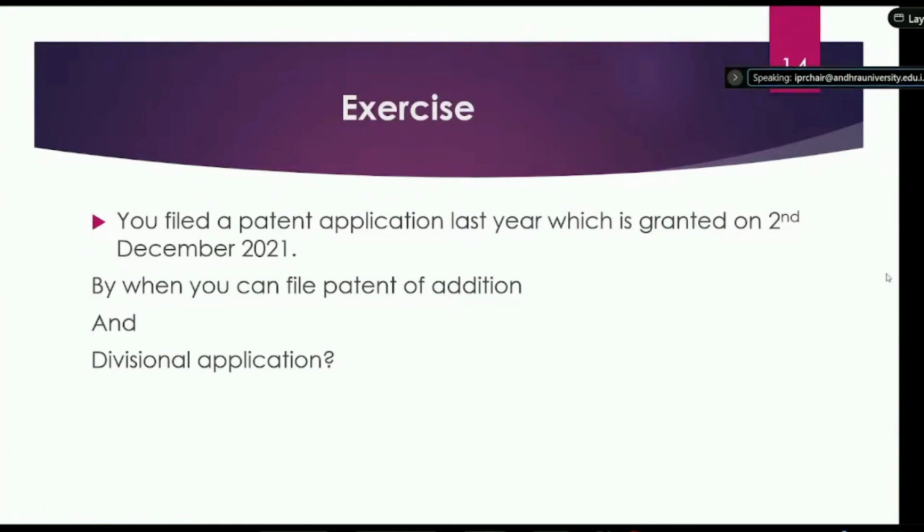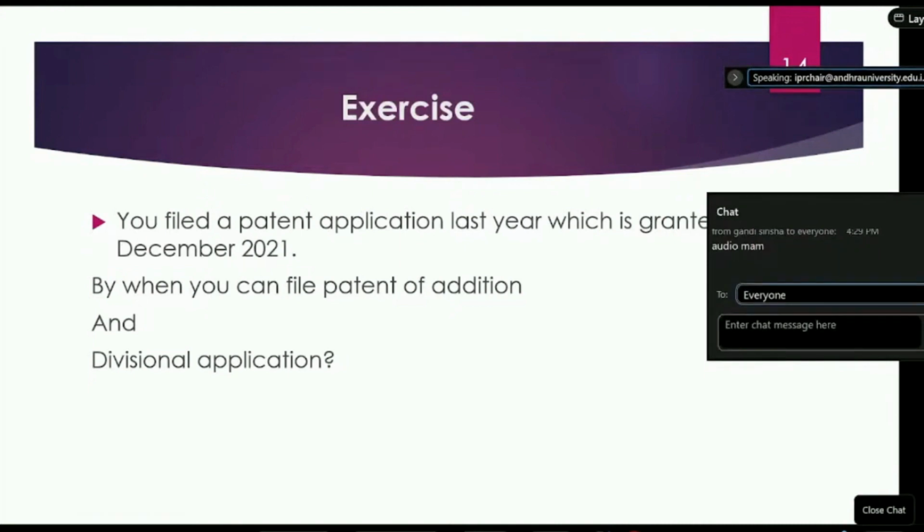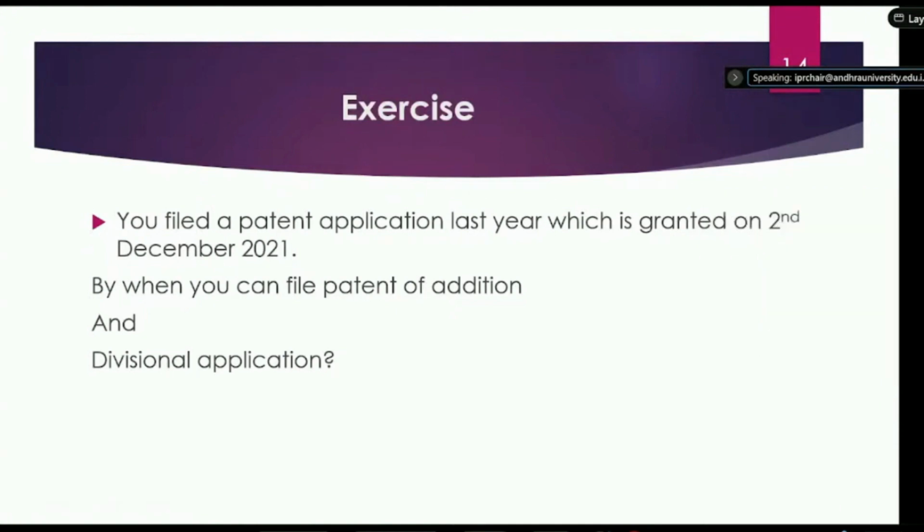Yeah, so basically, Kurnu Monica, you were saying 2nd December 2023. That is about what? Okay, basically, I don't know, you guys are confused or something. So what I mean by this is that you have to file your patent of addition before the expiry of your main patent. So your patent is granted on 2nd December 2021.